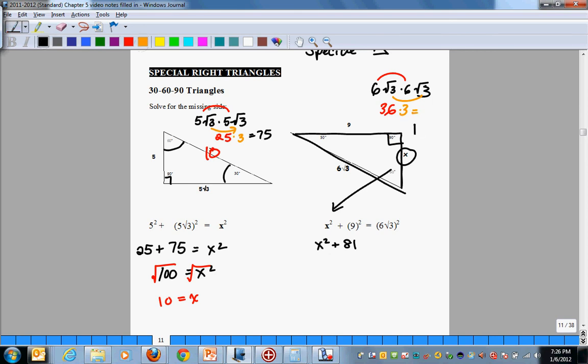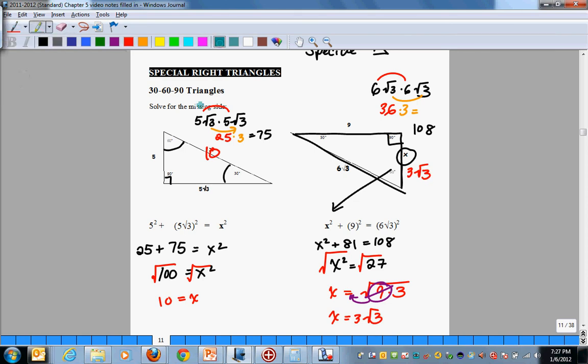That's going to be 108. Subtract 81 from both sides. You get 27. We're going to square root. 9 times 3. 9's perfect, gets out of jail, has a change of heart, so our unknown side is going to be 3 root 3.